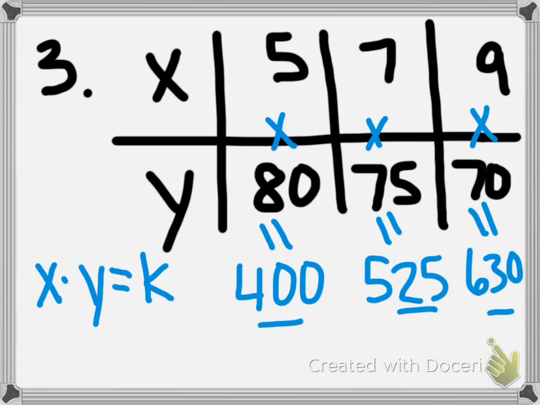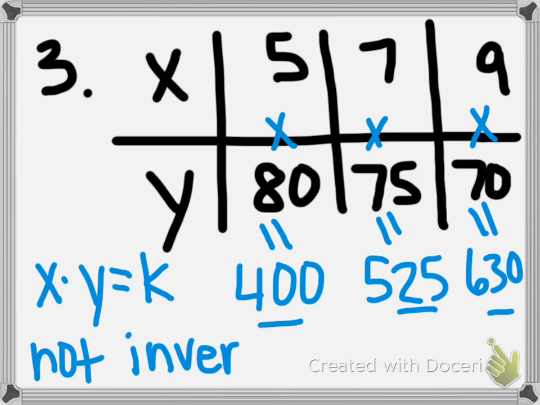So we can write down that it's not inverse variation. And let's see if it's direct variation. For direct variation, what we're going to do is take the y and divide it by x. So let's look at y divided by x. 80 divided by 5 is 16.